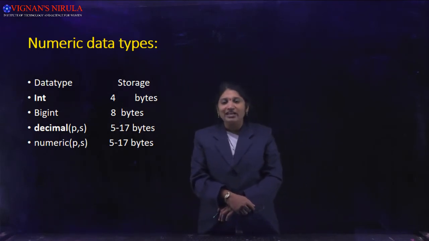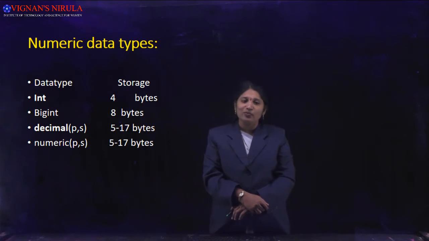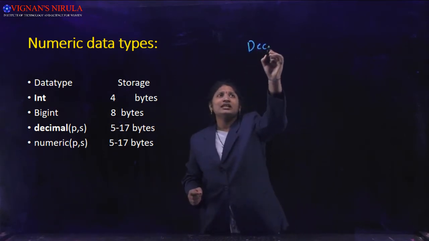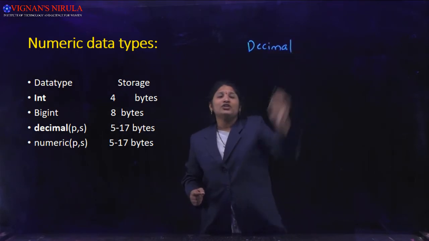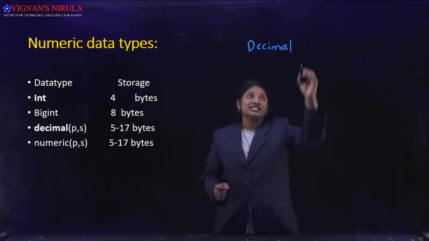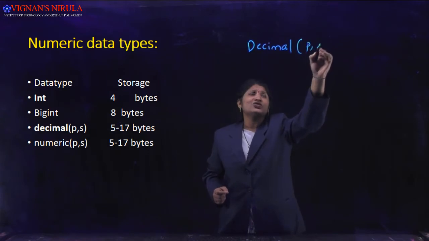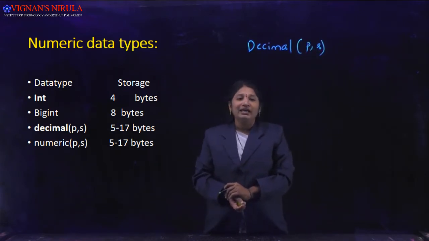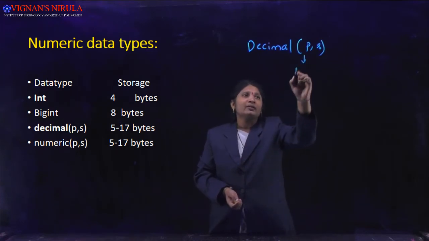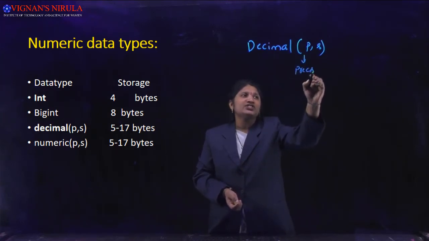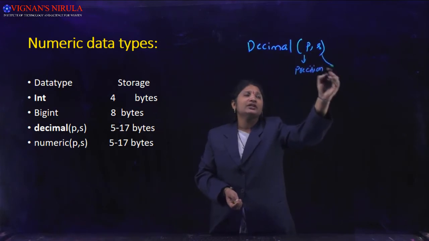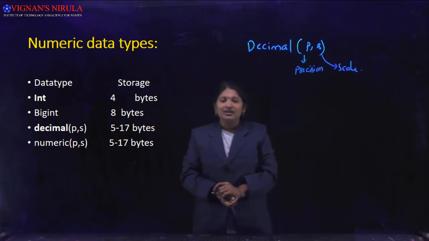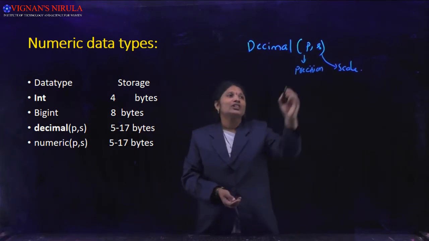The next 2 data types can be used in order to store floating point values as well as integer values. The third data type for storing numeric values is decimal. The syntax of using the decimal data type is decimal of p comma s, where p stands for the precision of that number and s stands for the scale of that number.